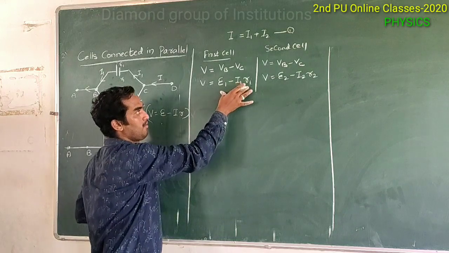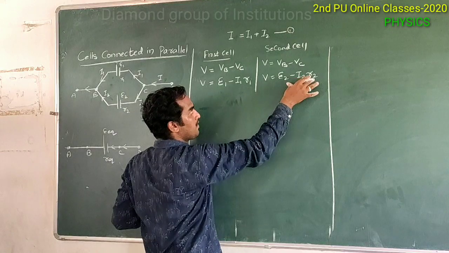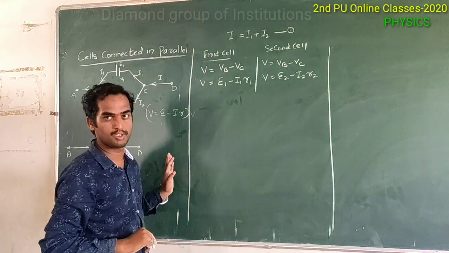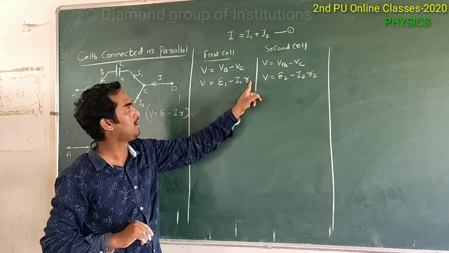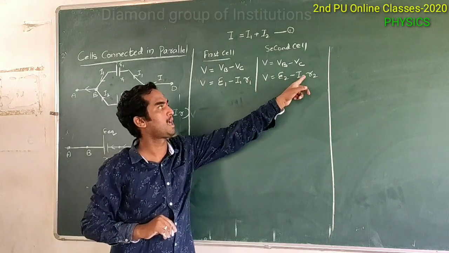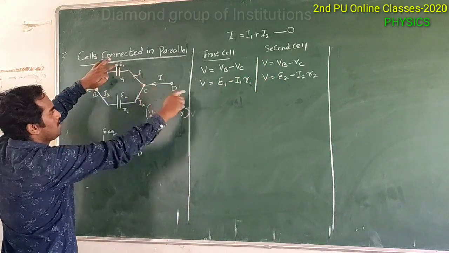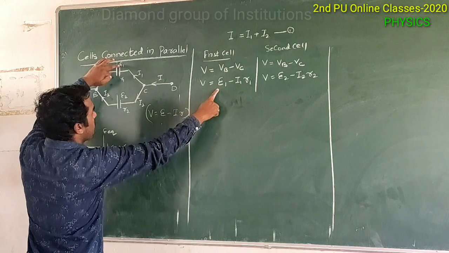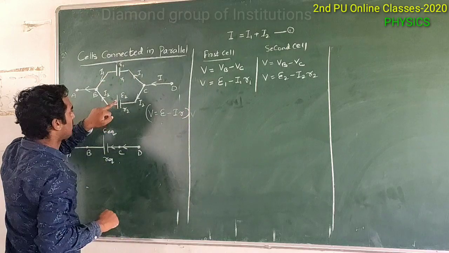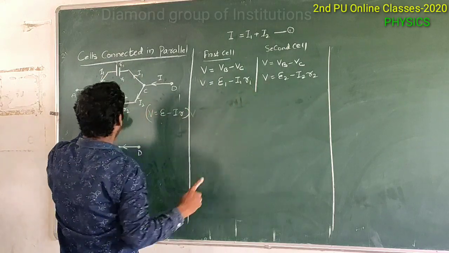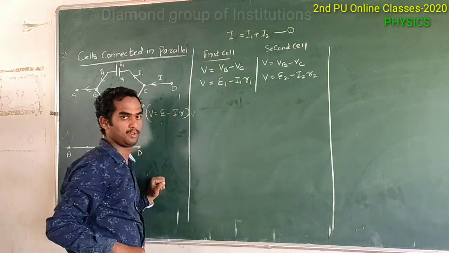This information is regarding the first cell and this is regarding the second cell. What is the formula? V equal to E1 minus I1 into R1 and V equal to E2 minus I2 into R2. So this is the first cell, with EMF E1, R1 and current I1. Here the EMF is E2, current I2 and internal resistance R2.